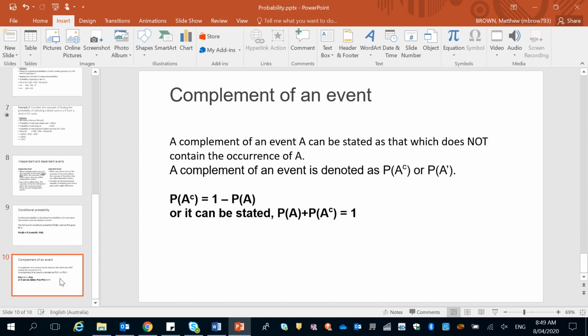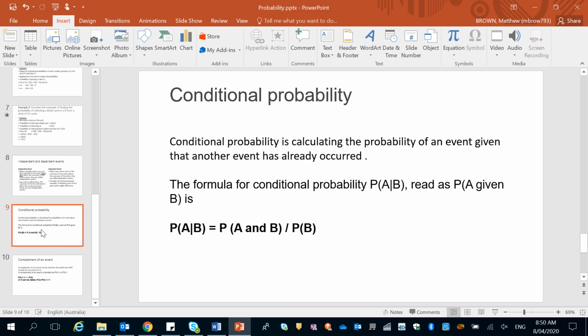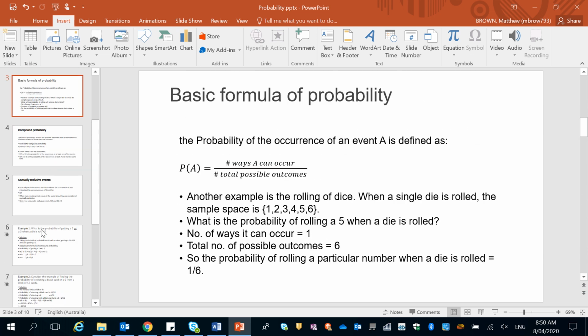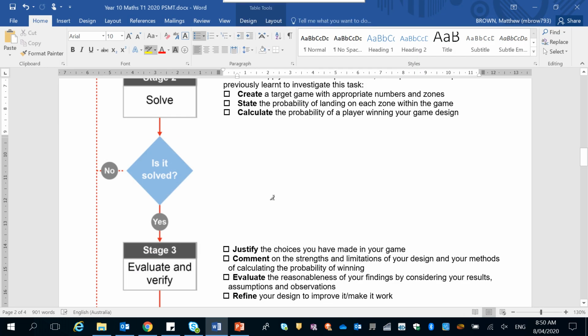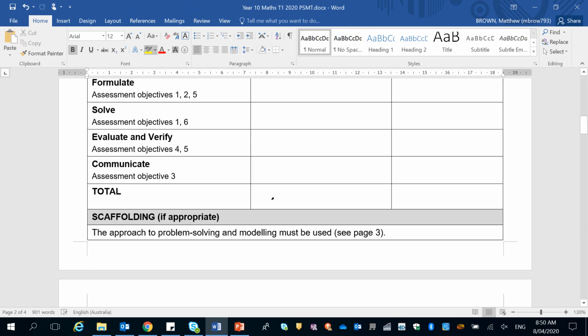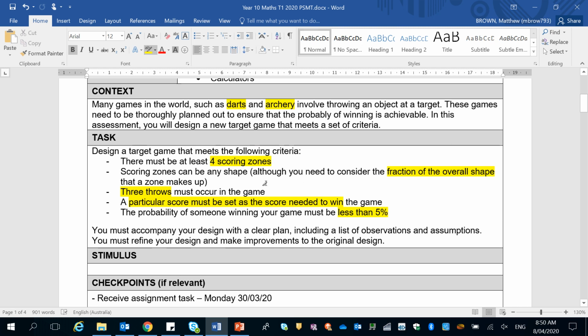And complementary events. Okay, so complementary events. So probability of rolling a 6 is 1 in 6. So the probability of rolling not a 6 is 1 minus 1/6, or 5/6. So that is what we learned about with probability, and you need to be applying this to a game that you are making with this information.